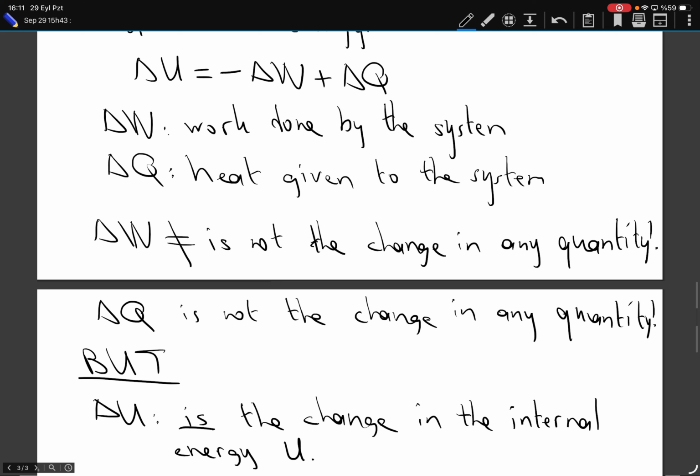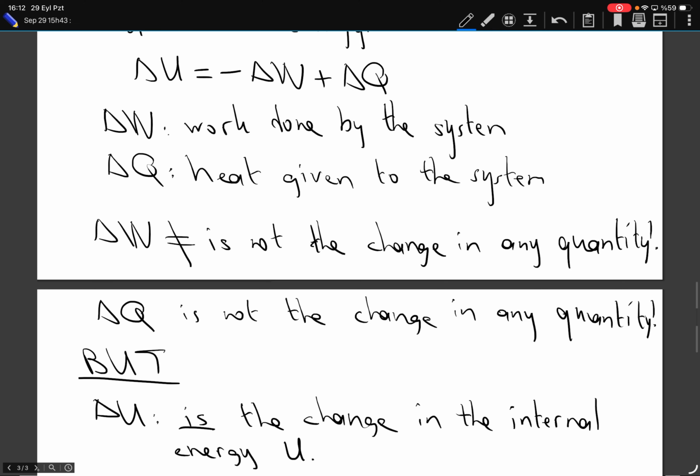And most of the time we will be able to calculate delta W and delta Q by the changes in the macroscopic properties of the system. So this also tells me that I can express U, the internal energy of the system, in terms of the macroscopic properties of my system.